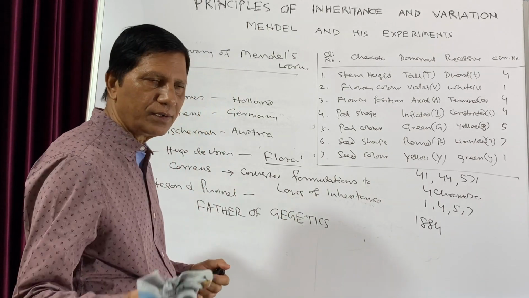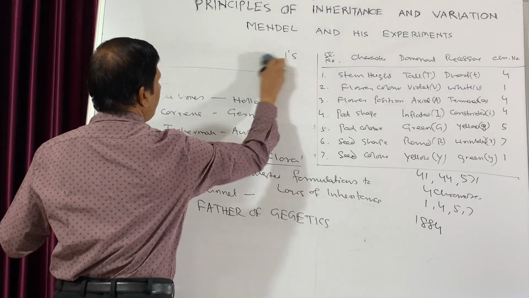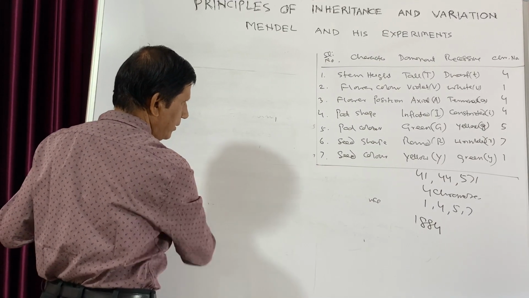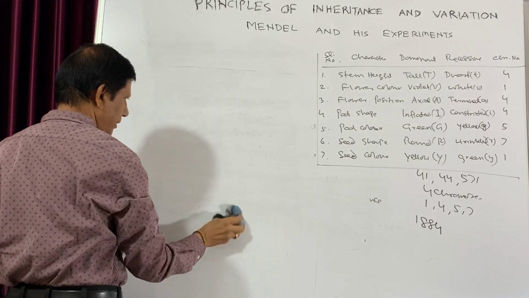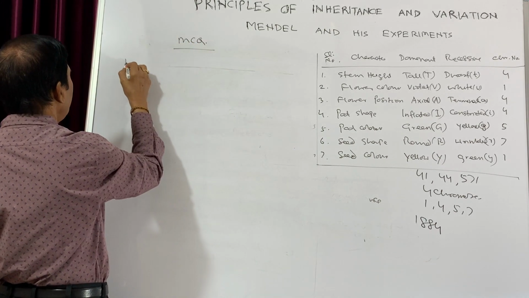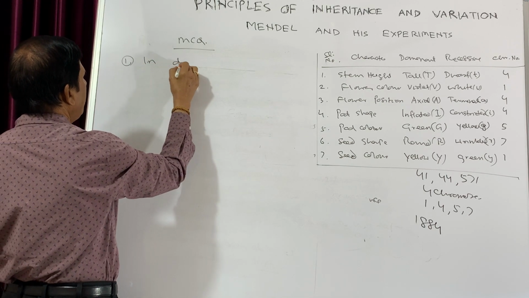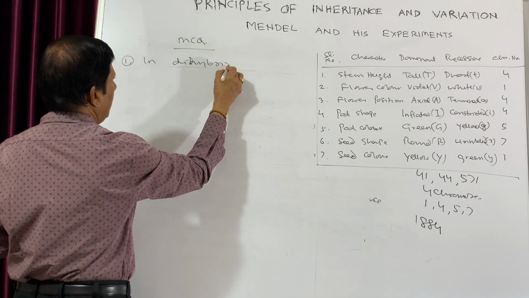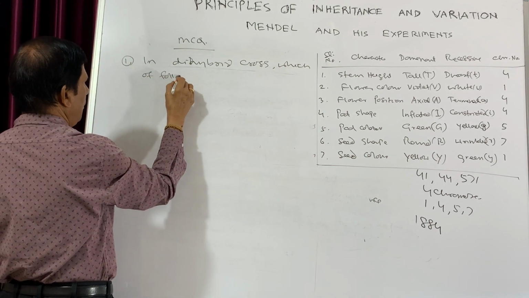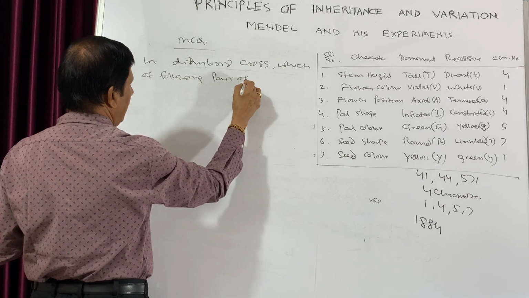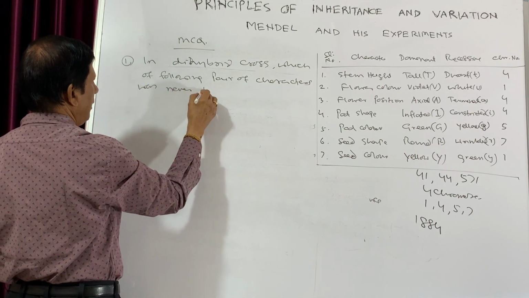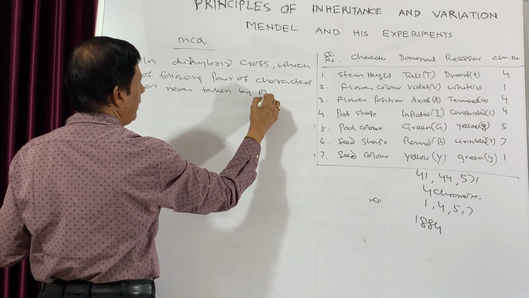Now let us discuss MCQs. One MCQ can be taken on dihybrid cross. In dihybrid cross, which of the following pairs of characters was never taken by Mendel?